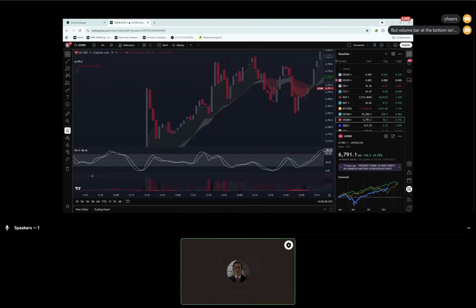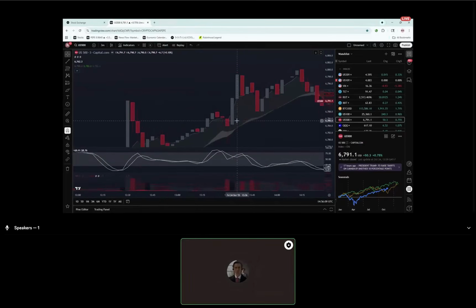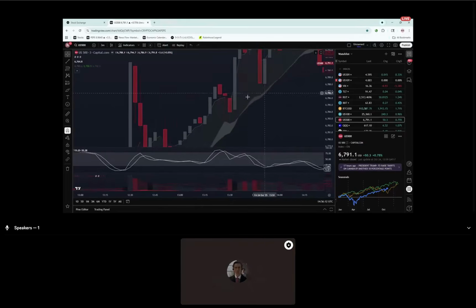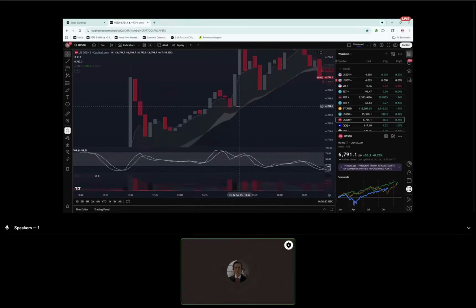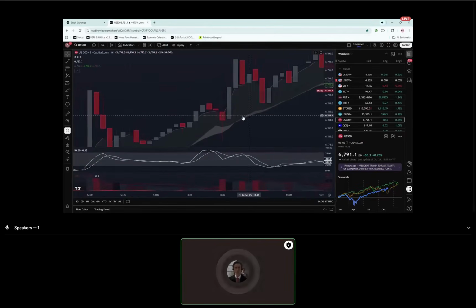But the volume bar at the bottom isn't showing a spike candle close. It takes time, but you still jump in. In real time, this is not real time, right? This is frozen. But in real time, this would be moving.